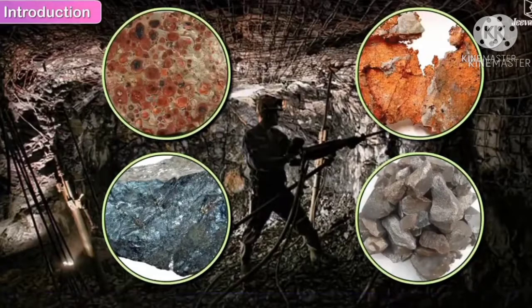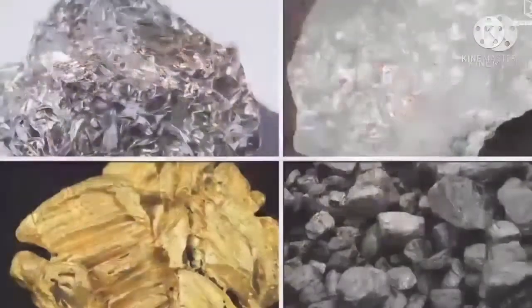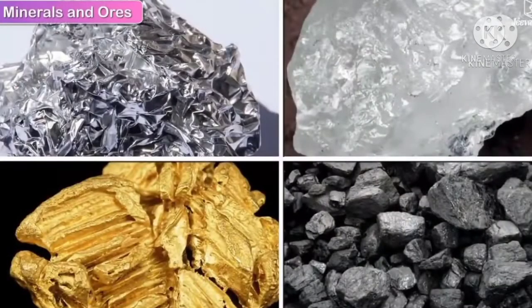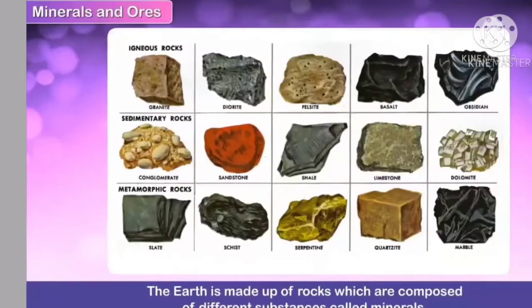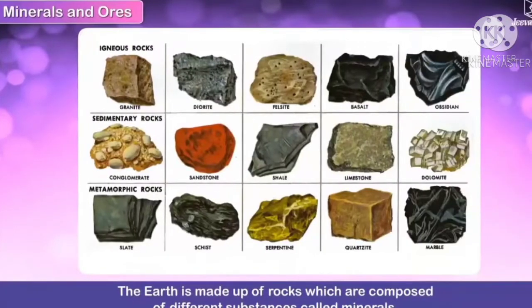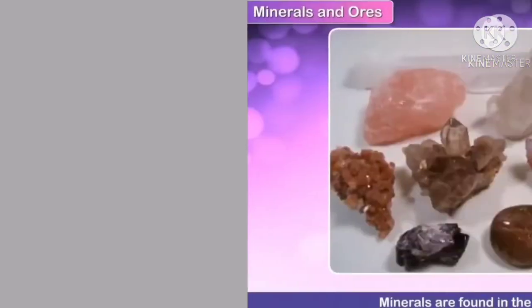These minerals are found deep down in the earth crust and the soil. These minerals are extracted from the soil before they are converted to proper use that is beneficial to man. Now, the earth is comprised of so many rocks which have a lot of substances called minerals.